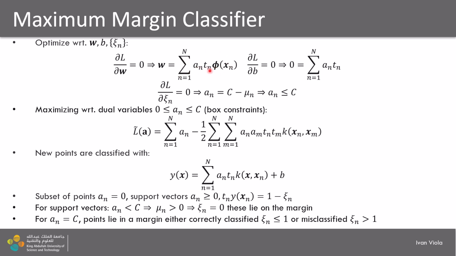Then when we set the partial derivative of the Lagrangian with respect to b to 0, this implies that the sum of an tn should be equal to 0.